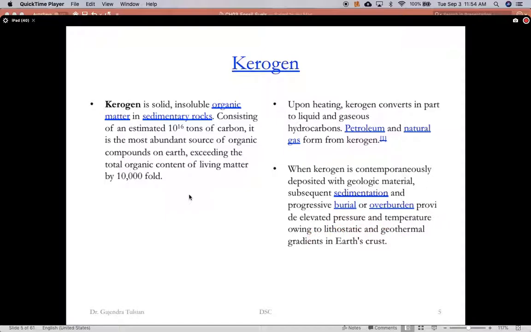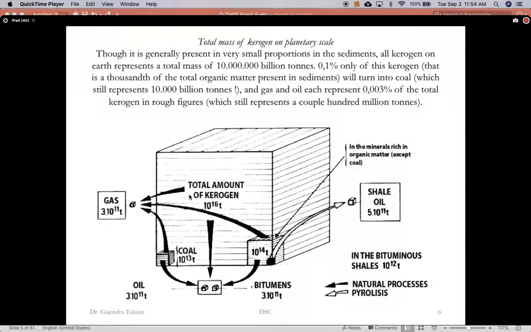Due to tectonic plate motion, as these sedimentary rocks get buried, the pressure and temperature increase, and that's how this kerogen gets converted to petroleum and natural gas.